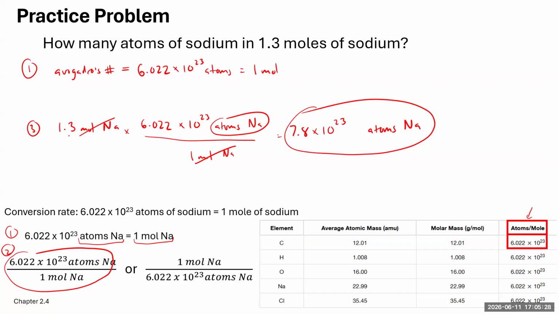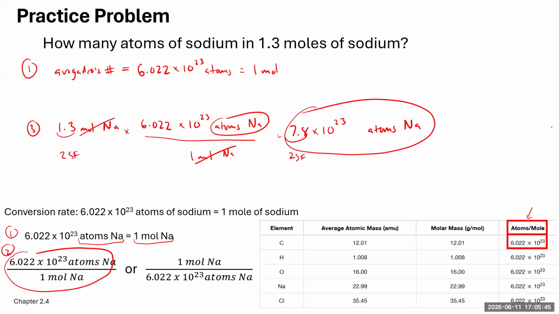Since we had 2 sig figs here, we need 2 sig figs here. So again, 3 steps for converting anything: find the conversion rate, write it as fractions, multiply by that fraction.